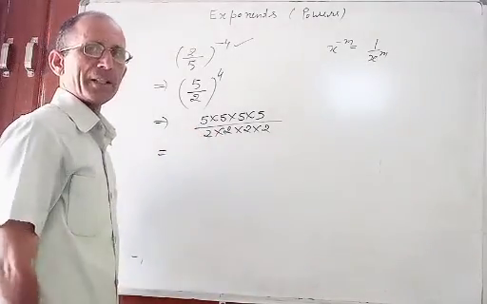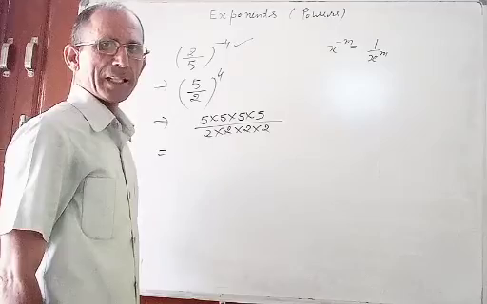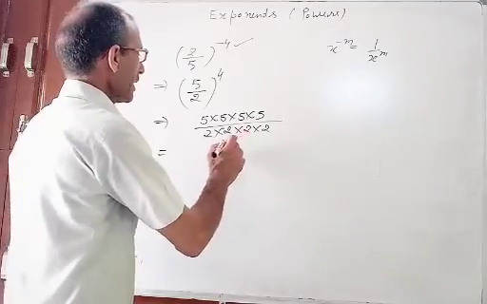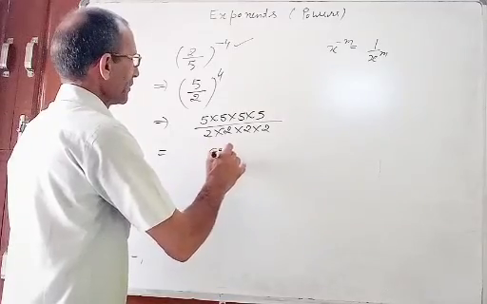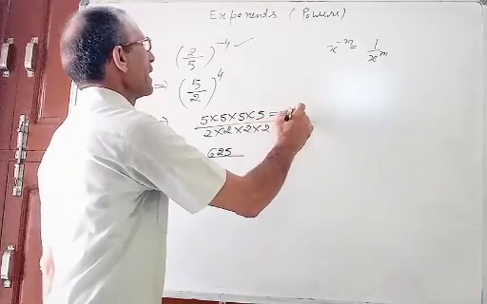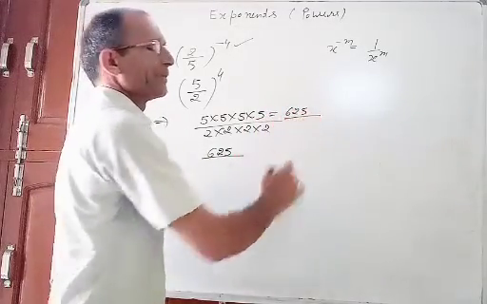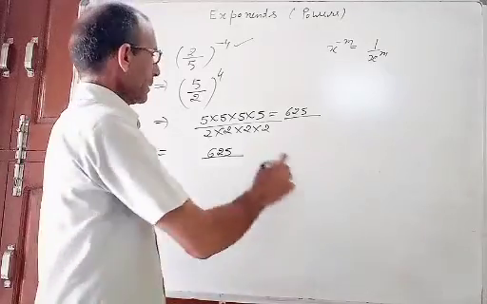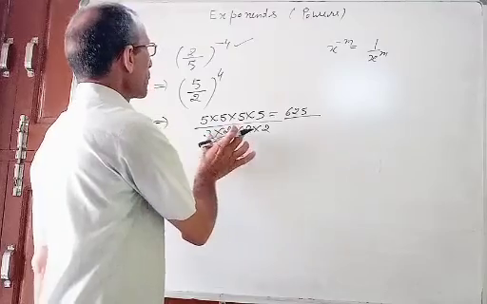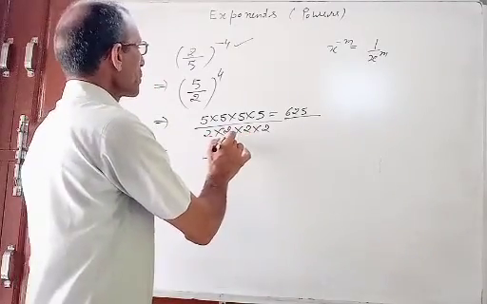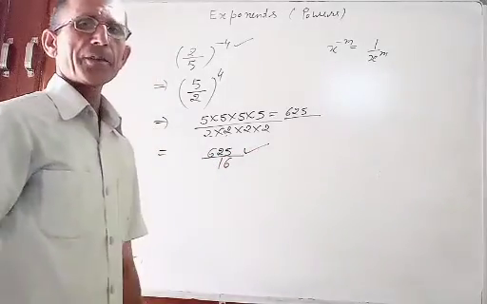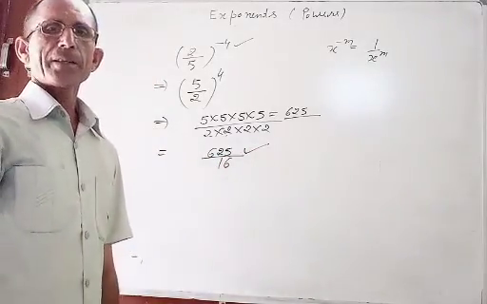So 5 5s are 25, 25 5s are 125, 125 5s are 625. If I multiply 5, 4 times, the result will be equal to 625. You can multiply. Now 2 is multiplied 4 times: 2, 4, 8, 16. So 625 by 16. This is the solution.